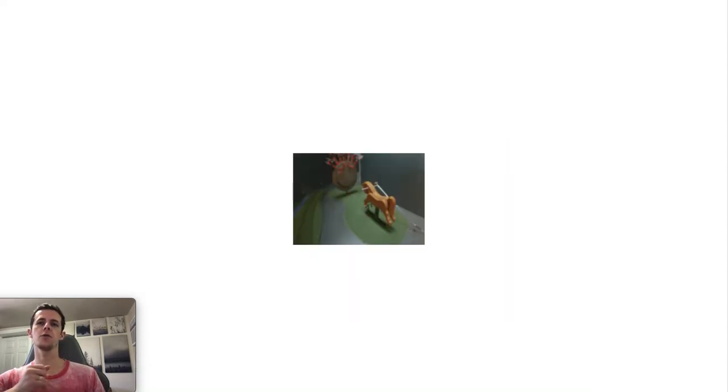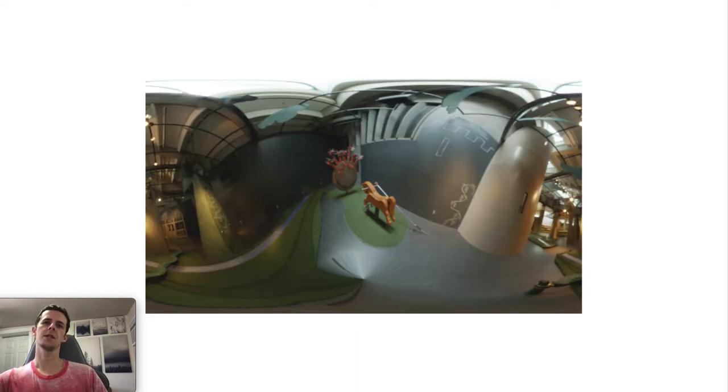If I go back to the image of the horse we had before, what we would like to have is something like this. What is this? This is a 360-degree picture of the scene, a 360 panorama. You can see it wraps around. This light here is this light here as well.